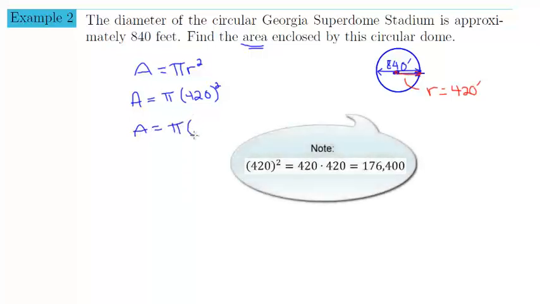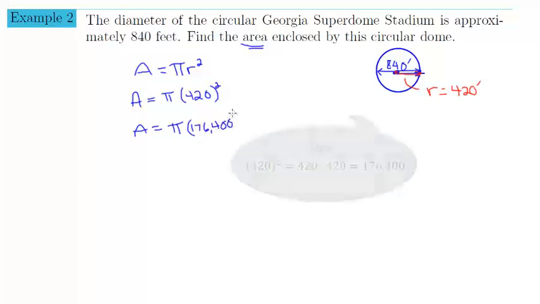So 420 squared simplifies to 176,400. So that means the area of the Georgia Superdome Stadium is approximately pi times 176,400 square feet.